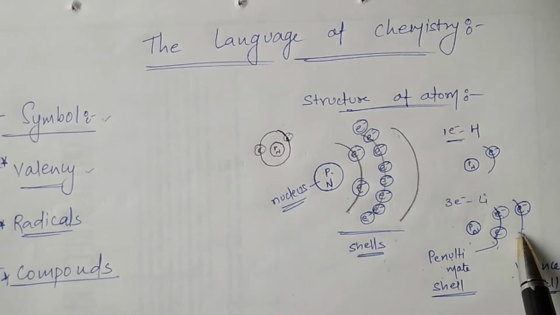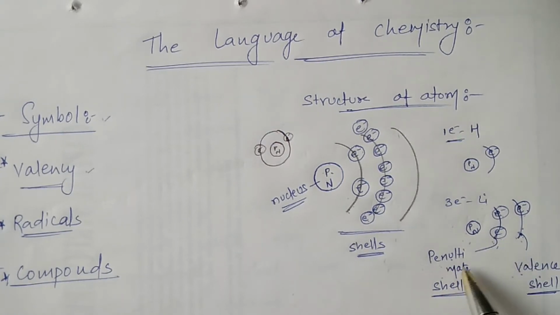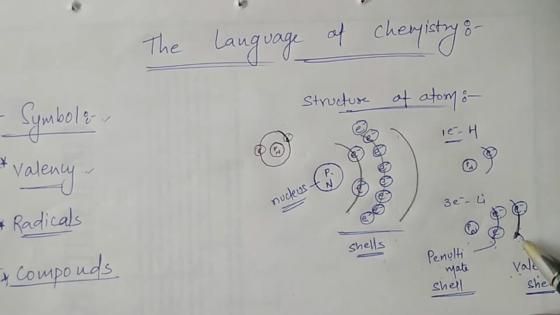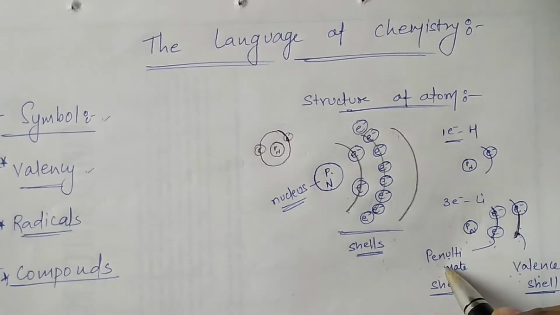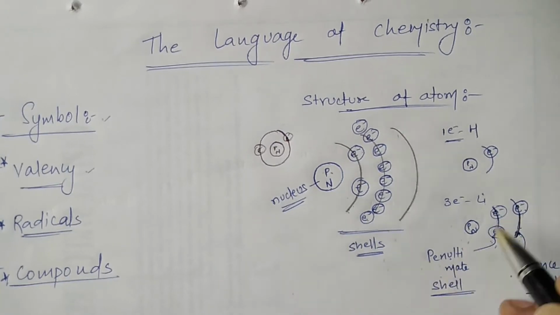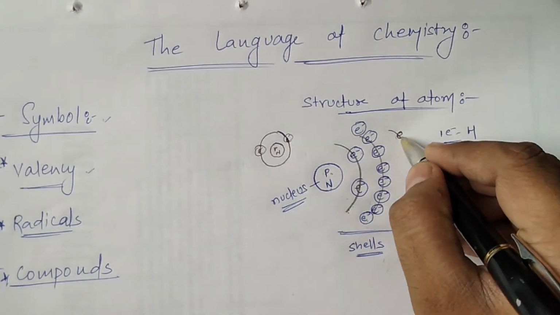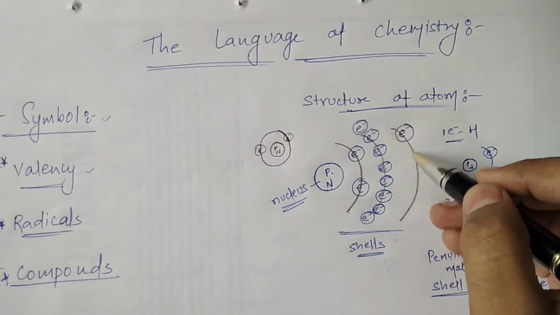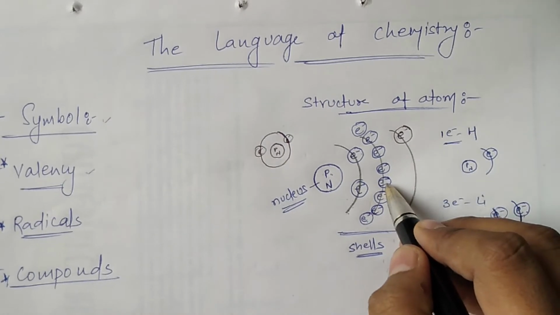Okay, and beside the valence shell there is one more that we call the penultimate shell. Now say for example there are 3 electrons, then this particular shell number 2 is the valence shell. Then this shell number 1 is called its penultimate shell. Similarly, once this is completely filled, that means 8 electrons are completely filled and I put an electron over here, then this shell will be called the valence shell, and this shell will be called the penultimate shell.